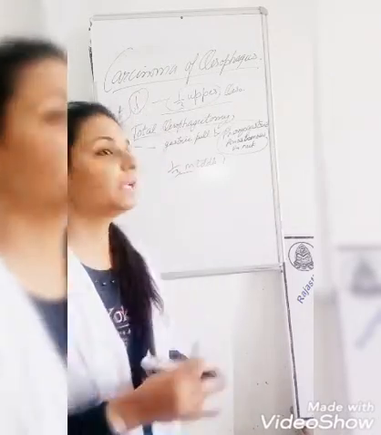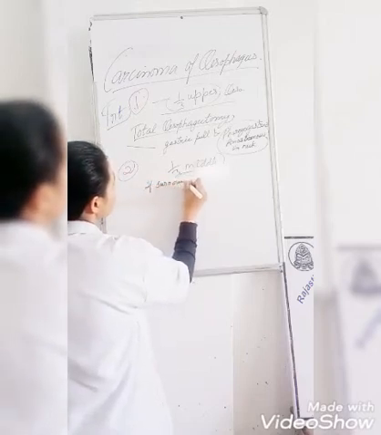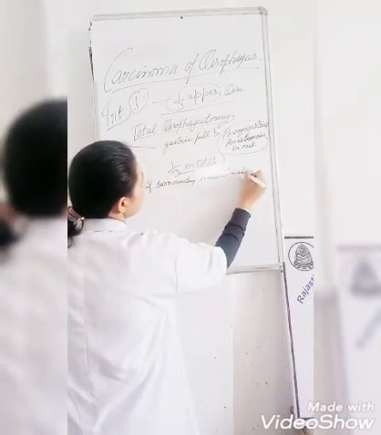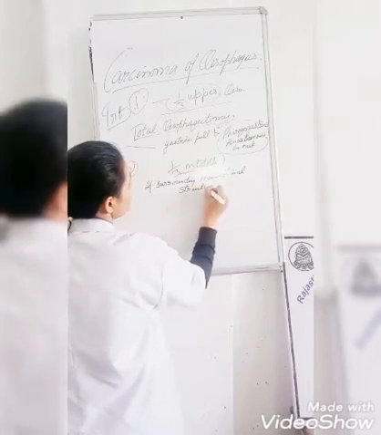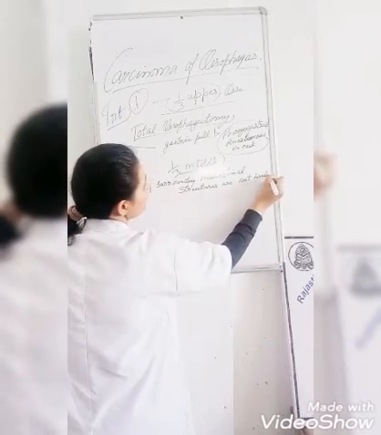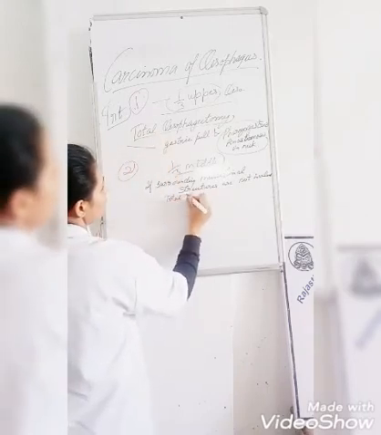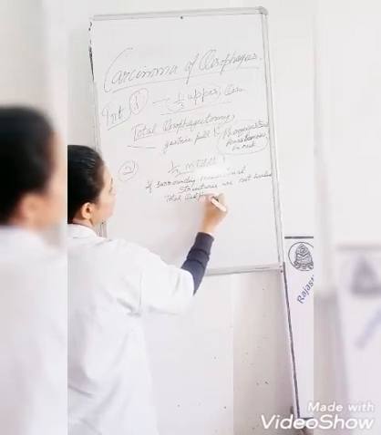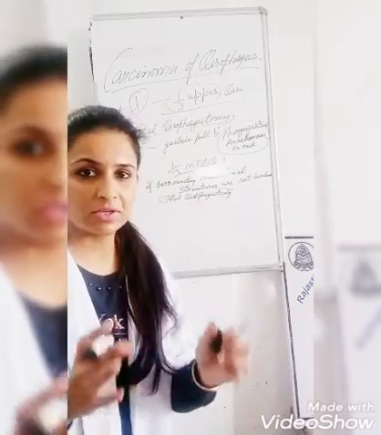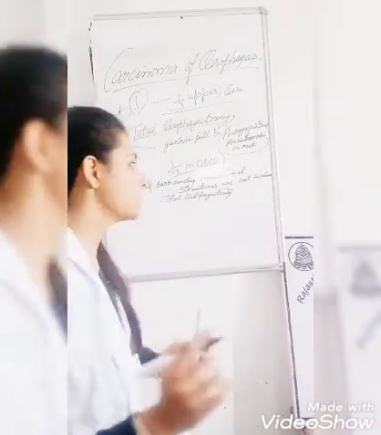But if the surrounding mediastinal structures are not involved, then we can go for the total esophagectomy, that is removal of the esophagus.